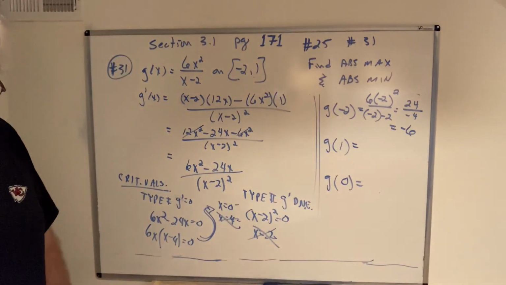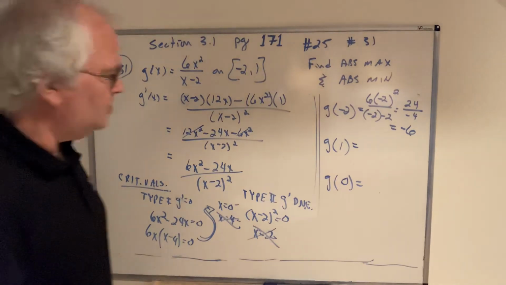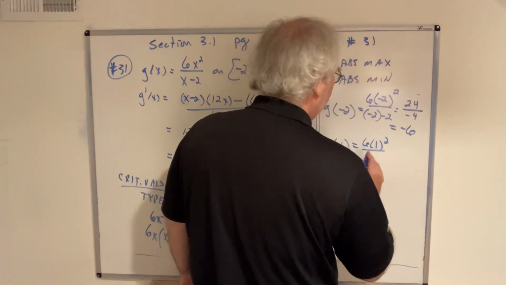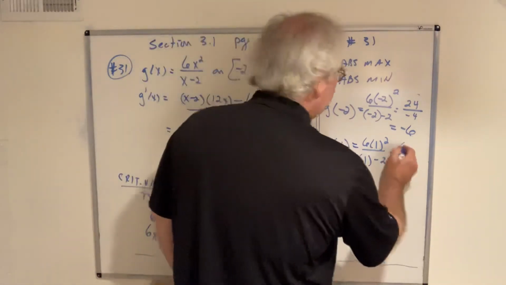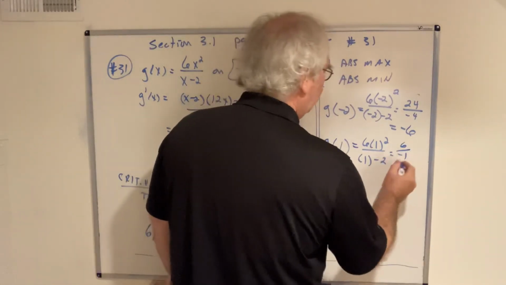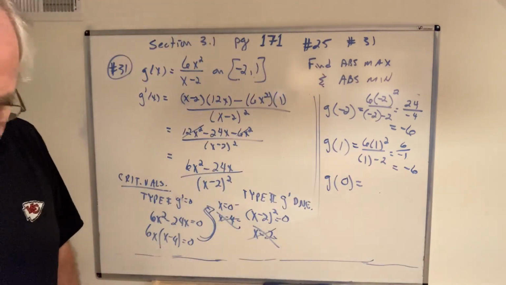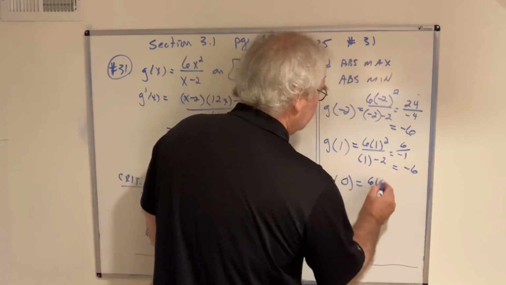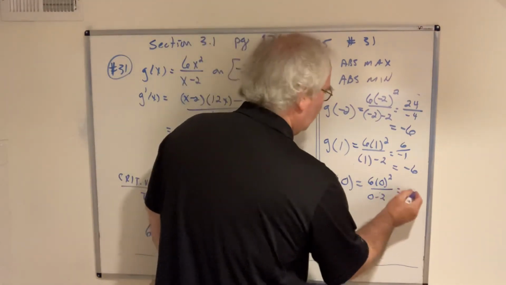So I got -6. And then g of 1 is 6 times 1 squared over 1 minus 2. So that's 6 over -1, which is -6. I got -6 again. And then g of 0 is 6 times 0 squared over 0 minus 2, and that works out to be 0.